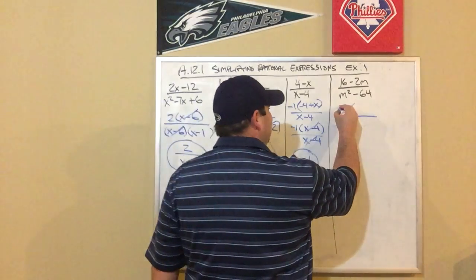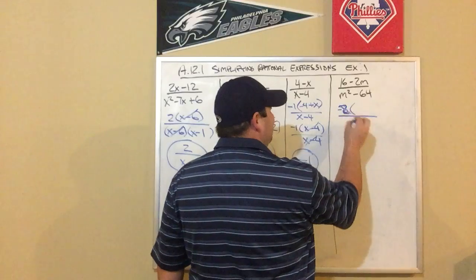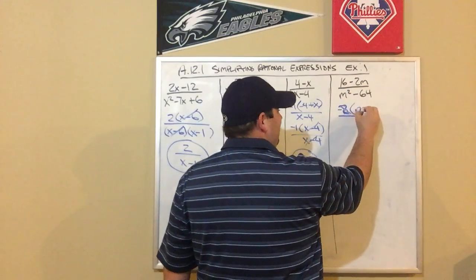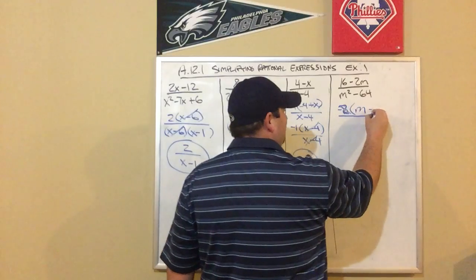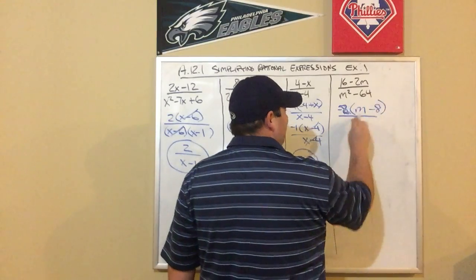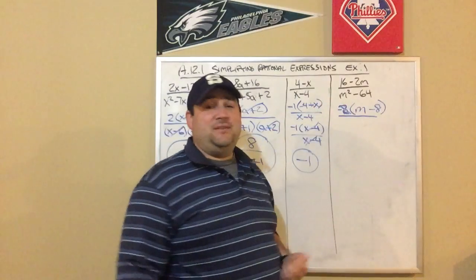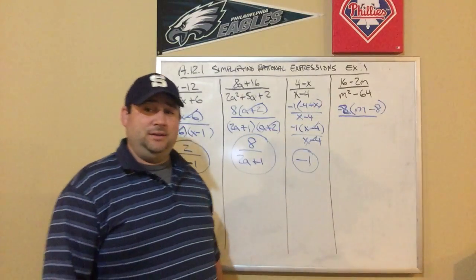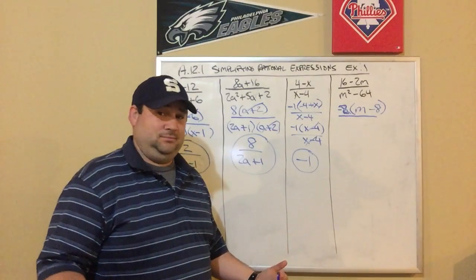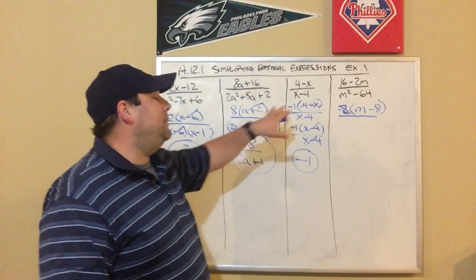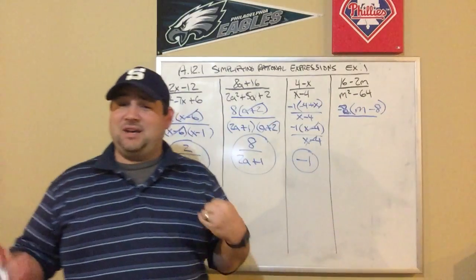So I'm going to divide by negative 2. And when I divide by negative 2, negative 2m divided by negative 2 is just m. 16 divided by negative 2 is negative 8. And now I've got an m minus 8, which I think is going to help me, because on the bottom I have m squared minus 64. Do you recognize that? Well, nobody's going to answer me because this is YouTube, but that is a difference of squares.